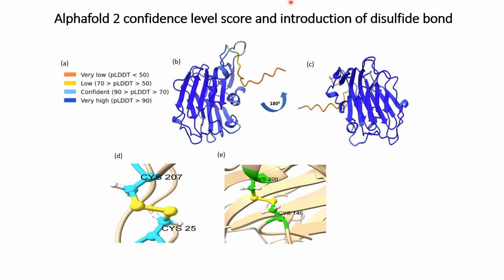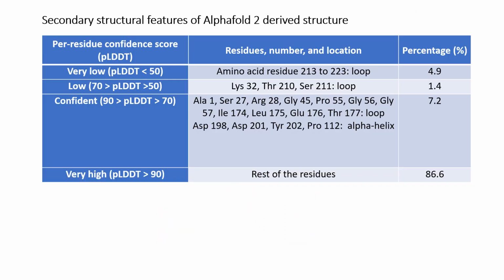Moreover, we found a total of 12 anti-parallel beta strands in the AlphaFold 2 derived structure, and 3 small alpha helices and 3 3-10 helices. The beta sheets formed a sandwich. It is well documented that the 3-10 helices are dynamic. They are intrinsically less stable compared to the regular alpha helices.